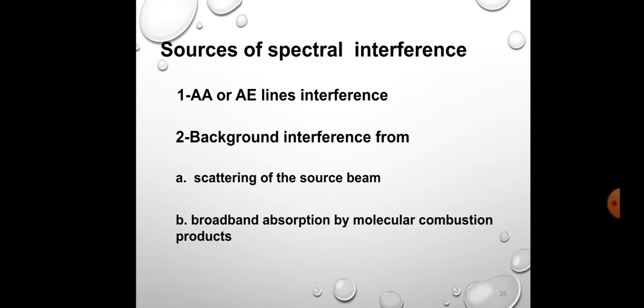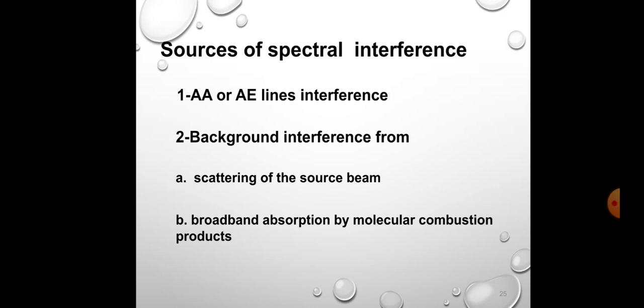Another type of spectral interference is background interference, which comes from scattering of the source beam by small solid particles. There may be solid particles in the atomizer, for example, carbon particles, that can scatter the beam of light.